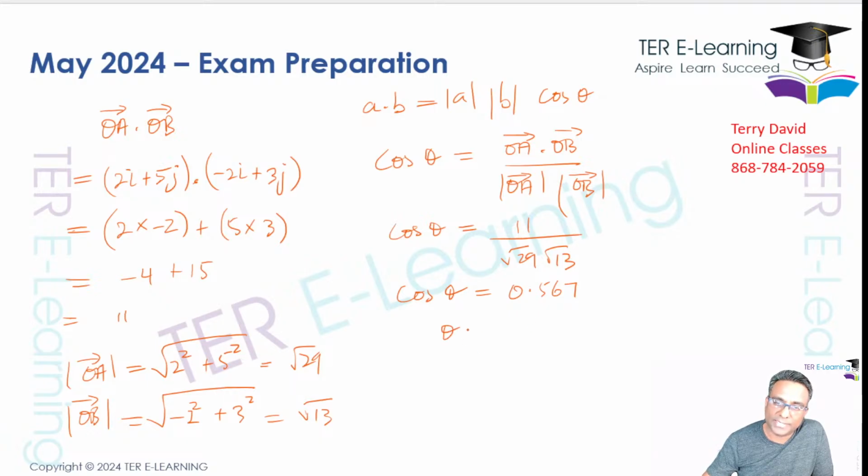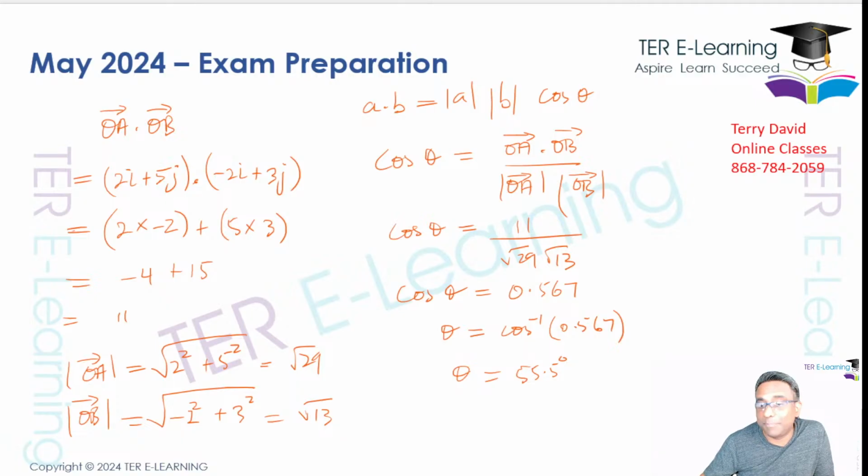So therefore theta is equal to arc cos 0.567. So therefore theta is equal to 55.5 degrees. So that's my angle there.